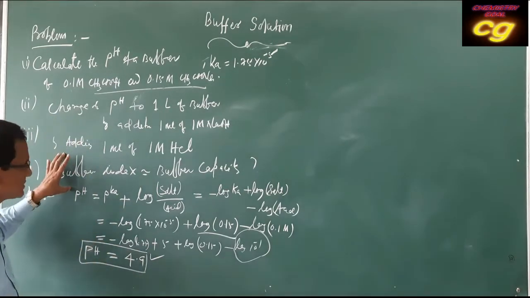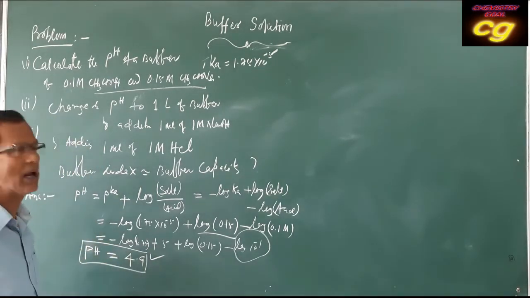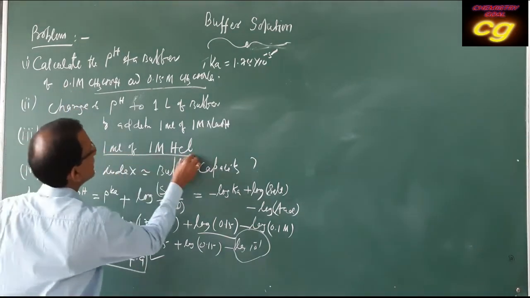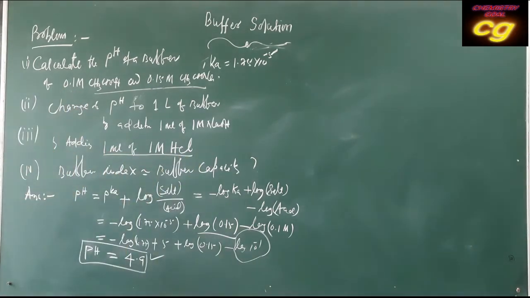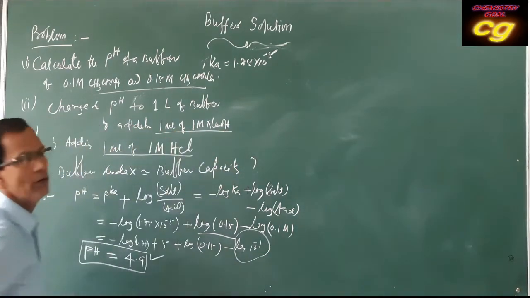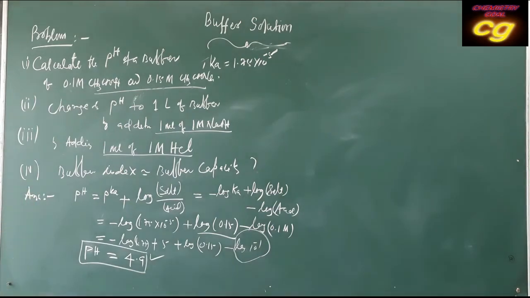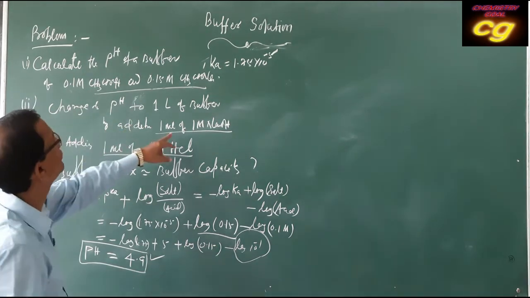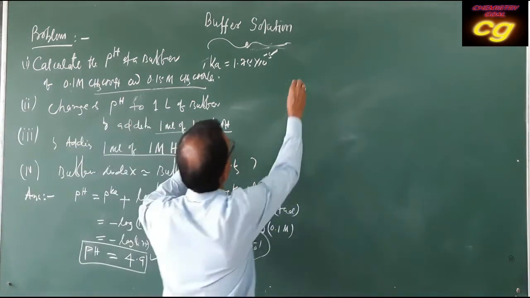Then the next part: as the pH is 4.9, if you add 1 ml of 1 M HCl solution, and then 1 ml of 1 M NaOH solution, what will be the change in pH? We will calculate. Here the question gives 1 ml of 1 M NaOH solution.